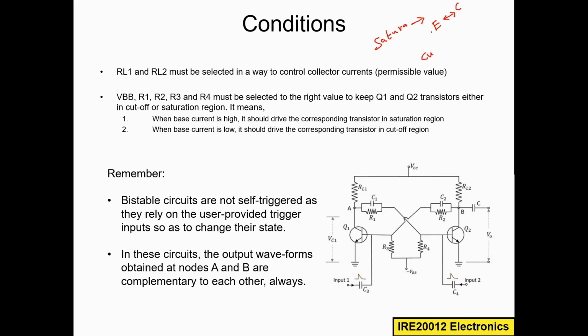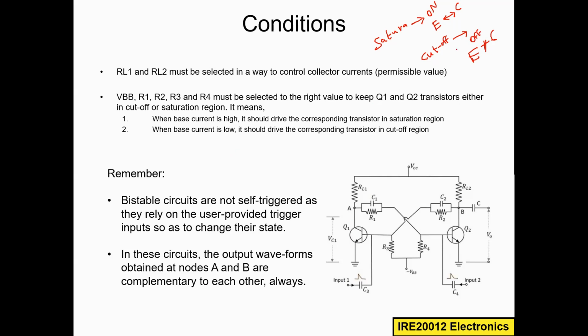Cutoff region means the depletion layer width is quite high, so you are making the emitter and collector an open circuit. There is no connection. This is disconnected, so this is the off condition of the transistor.